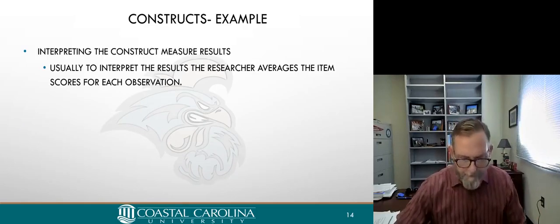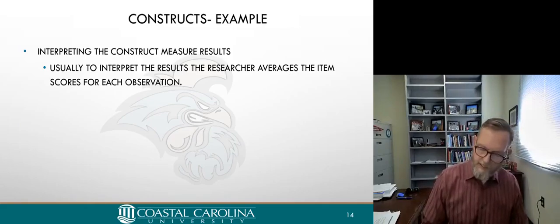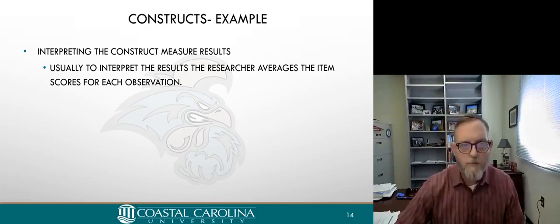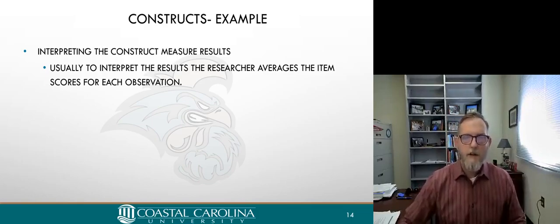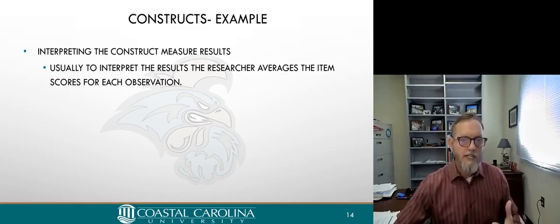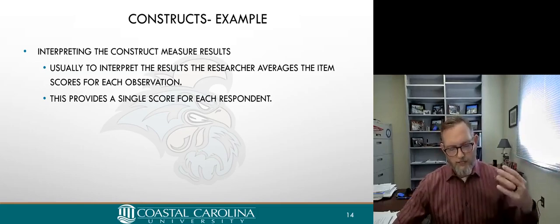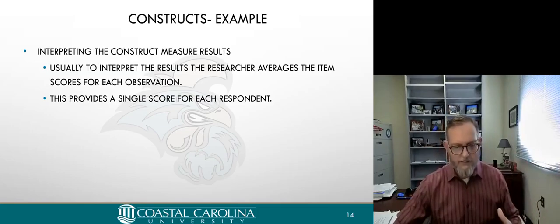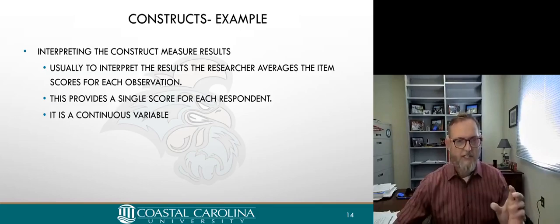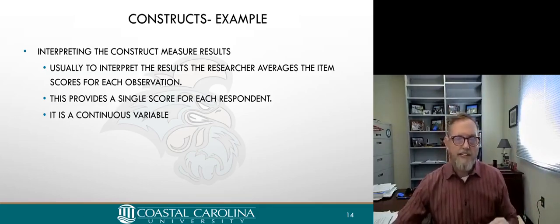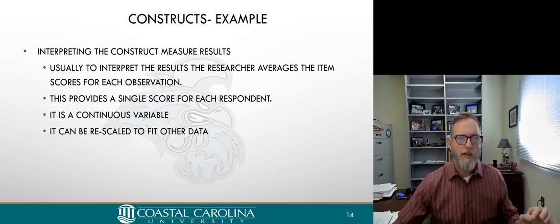If we take some of this data, and we'll look at it in a second, the process we typically follow is to take the items, in this case 4 of them, and average them together so that we get a single scale, a single measure, what we call a composite, for each respondent.